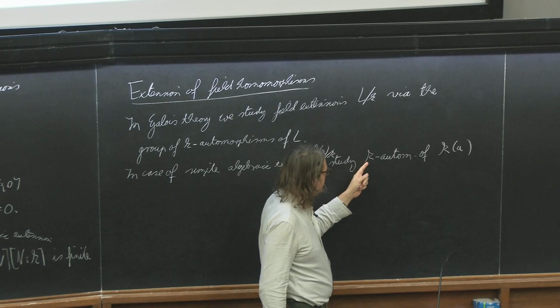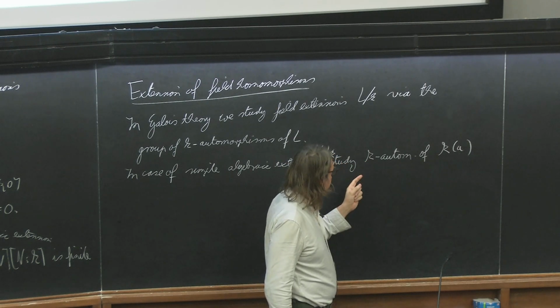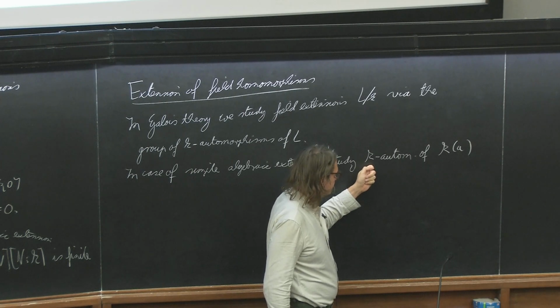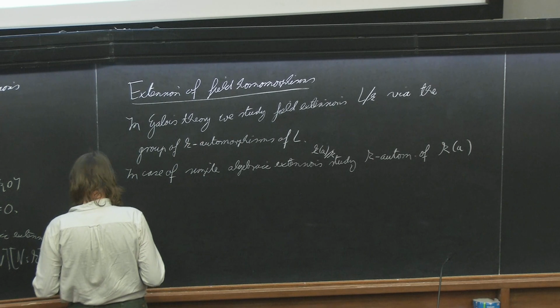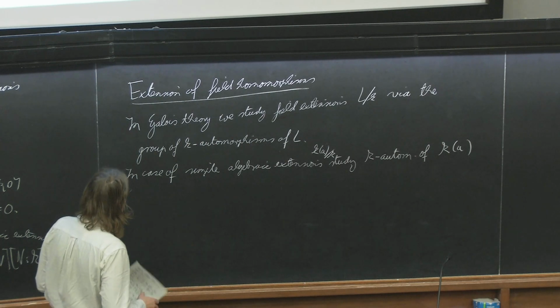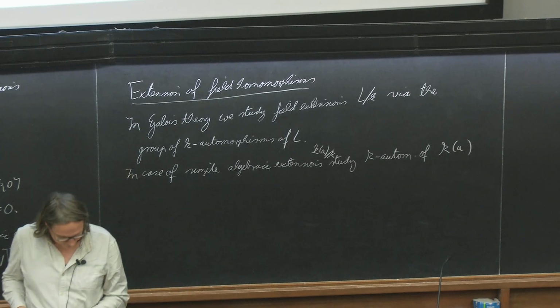So the case of K-automorphisms are then automorphisms of the bigger field which extend the identity on K. So we want to study these extensions, and the most important case, however, is the K-automorphisms.